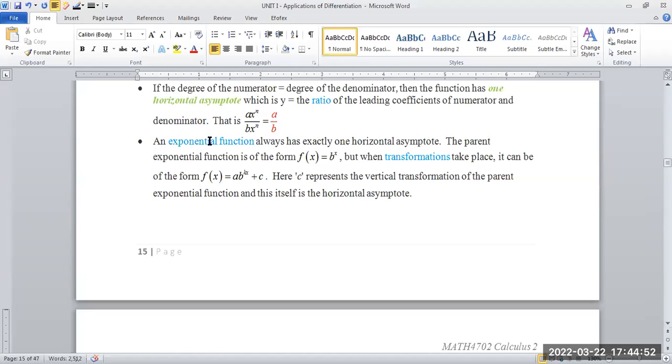Supporting the point here that an exponential function always has exactly one horizontal asymptote.